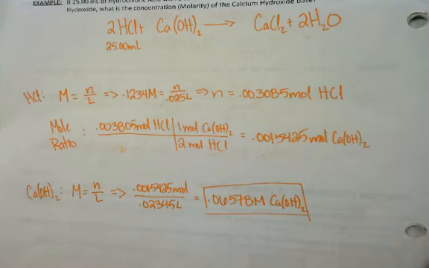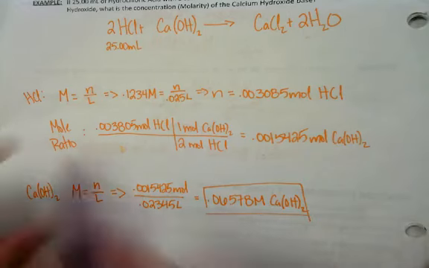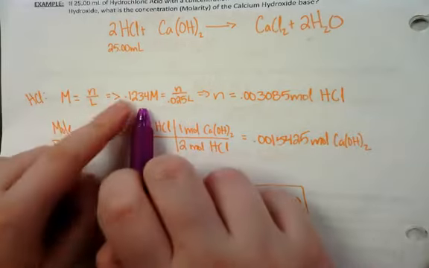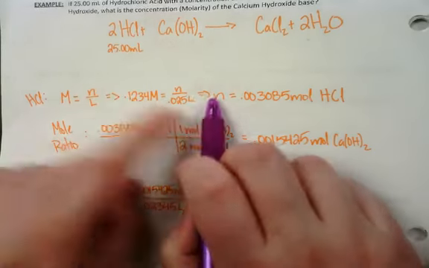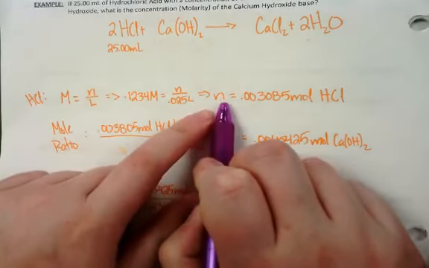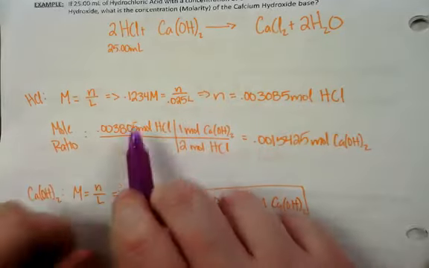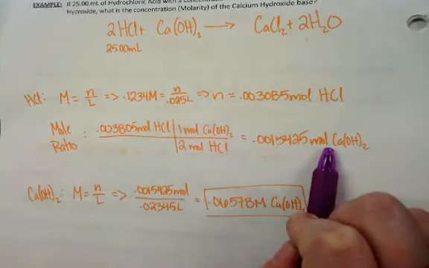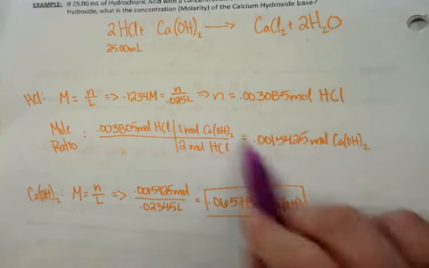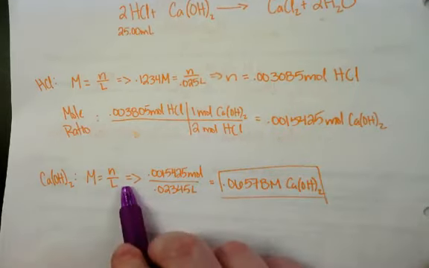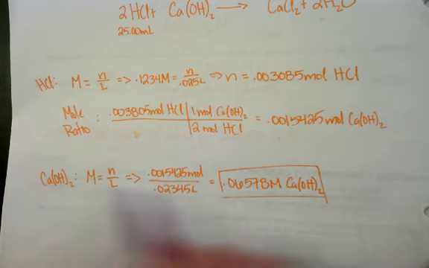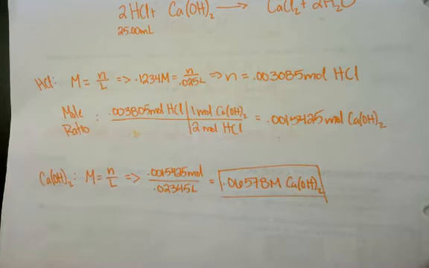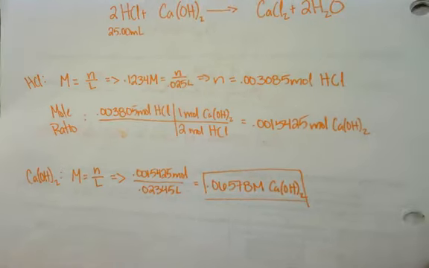So you can use your molarity formula. You've got your molarity and your volume, solve for moles. From there, take this value, do your mole ratio to get moles of calcium hydroxide, and then you're going to go ahead and plug it into a molarity formula again, now calculating molarity of calcium hydroxide. So you can do it both ways. Both ways are totally fine. Both ways will get you full points.